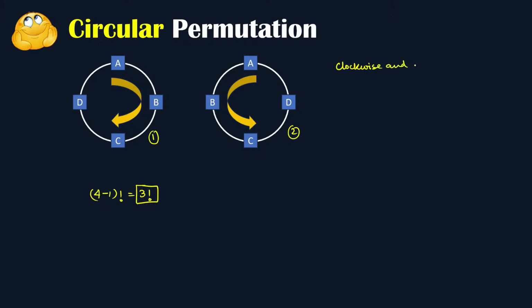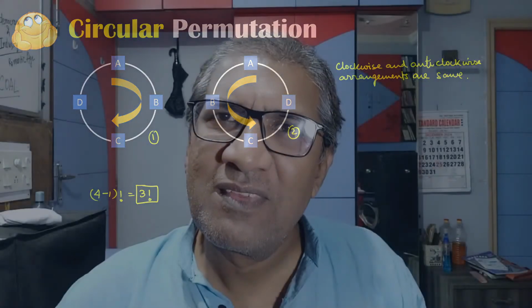Clockwise and anti-clockwise arrangement are same. Then what will happen? If these 2 arrangements, to me, they are same.